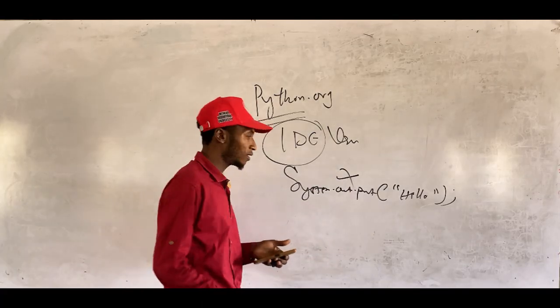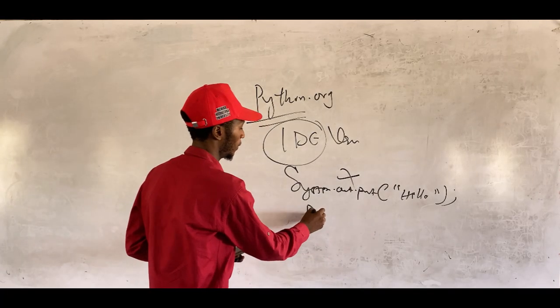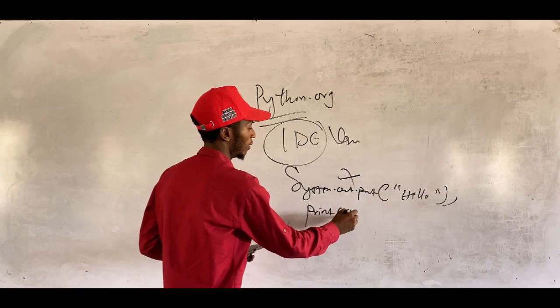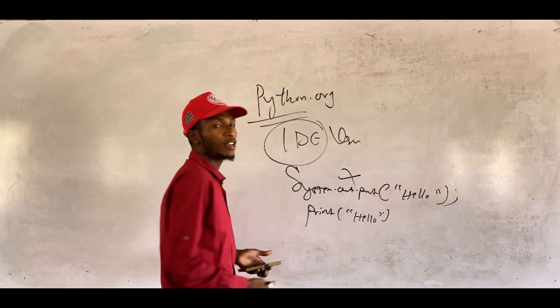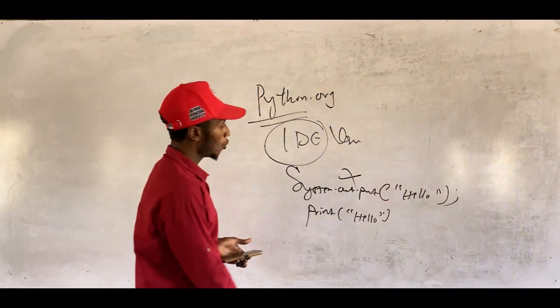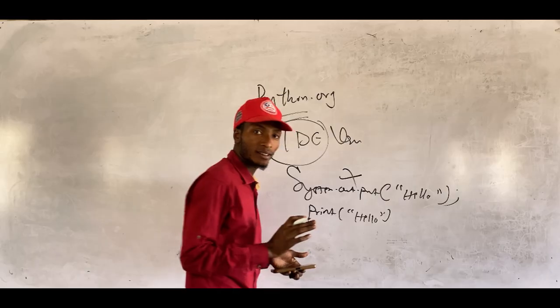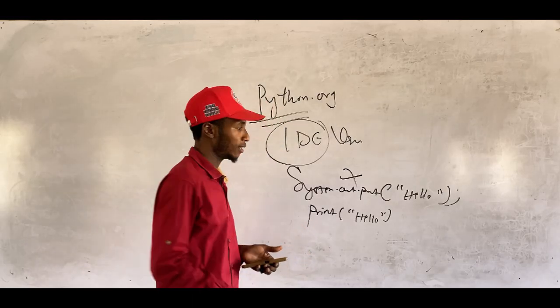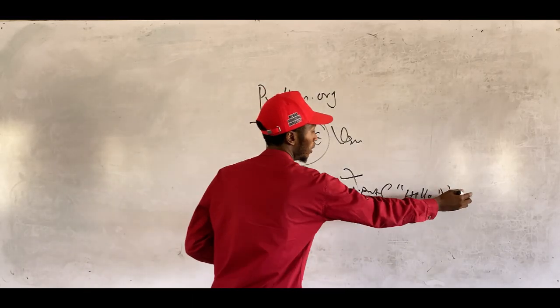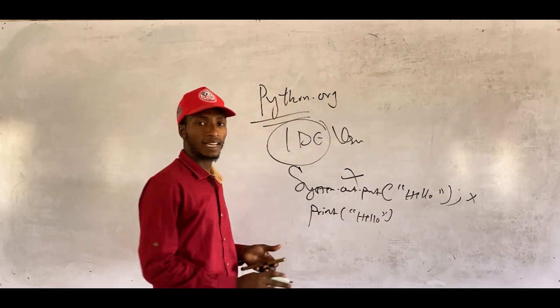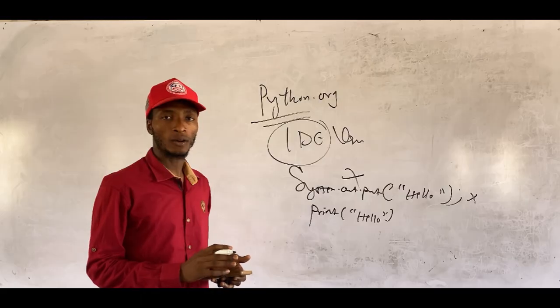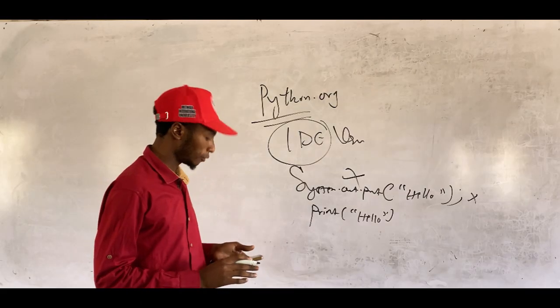All you need is to call the function print, then this guy will do the work for you. You don't need to terminate your statement. The semicolon, you don't need it in Python. Once you write something like this, you can go ahead and run your code.